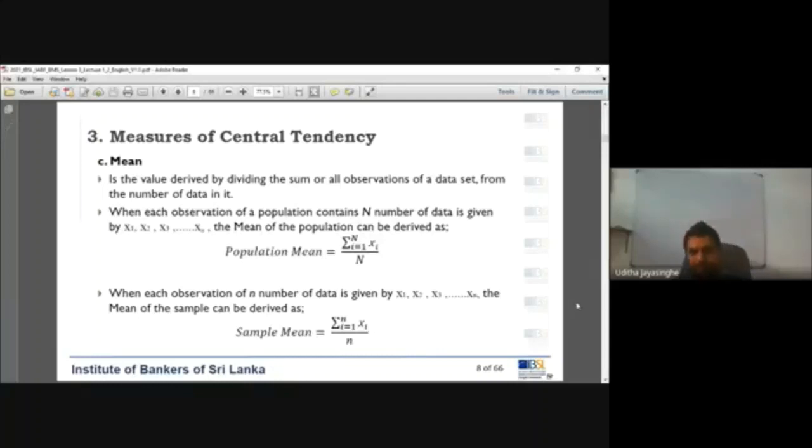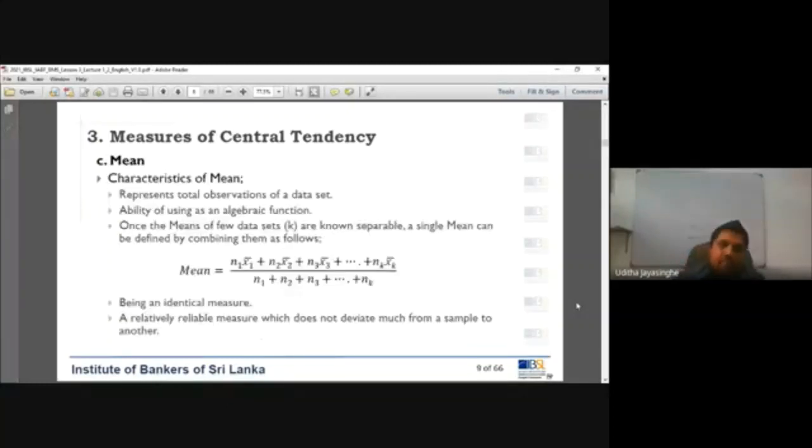Okay, done. We get to know the basic definitions of mode, median, and mean. These are some characteristics of the mean. First point, it represents total observations of a data set.